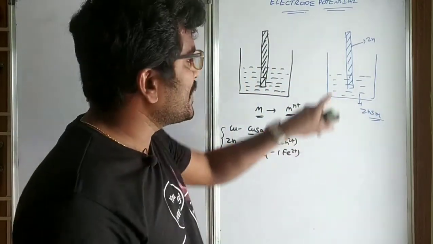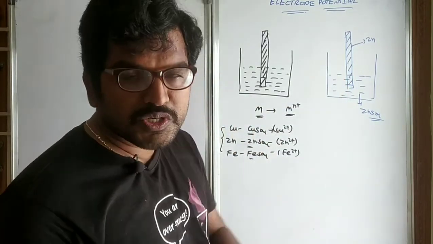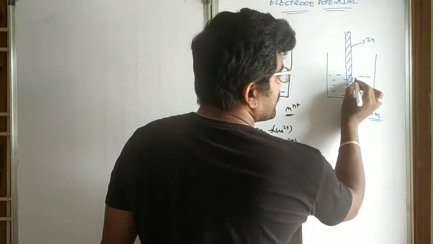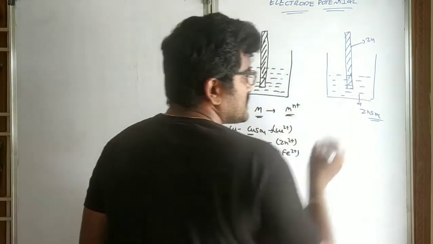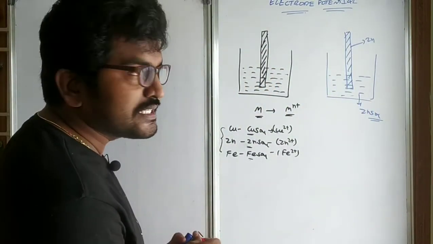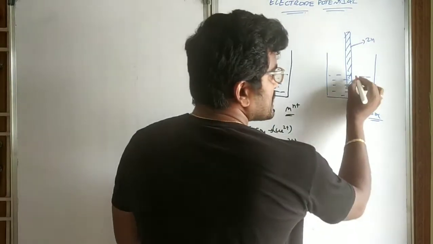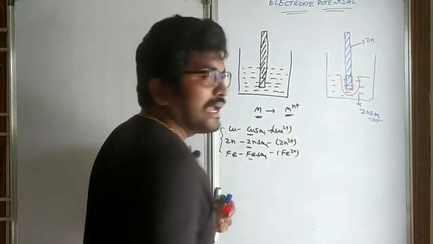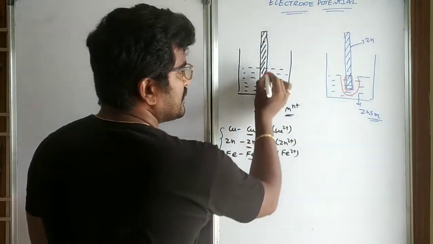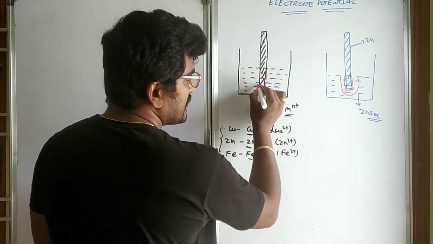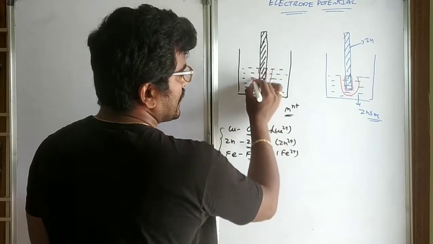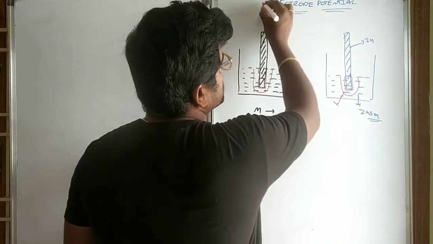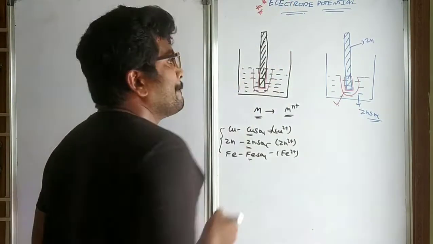Whenever a metal is dipped in electrolytic solution having the same metal ion, some potential difference arises between the surface of the electrode and the surrounding electrolyte. That potential difference is known as the electrode potential.